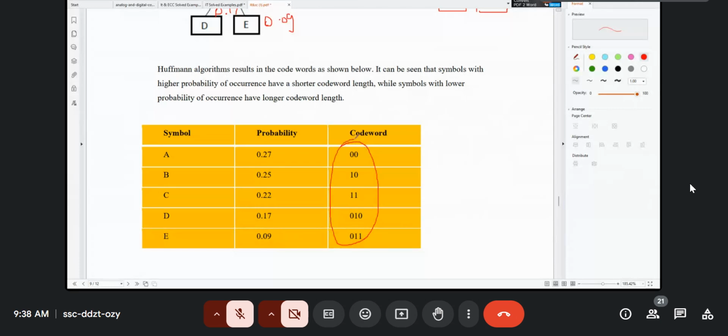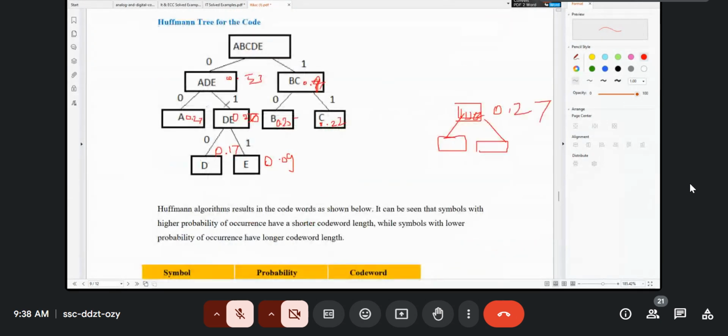You put your code words like this, which is whenever you have this, you have two leaves to a node. The left leaf, well, these are not leaves; they are branches. Leaves are the final ones. So the left branch takes a 0 and the right branch takes a 1.